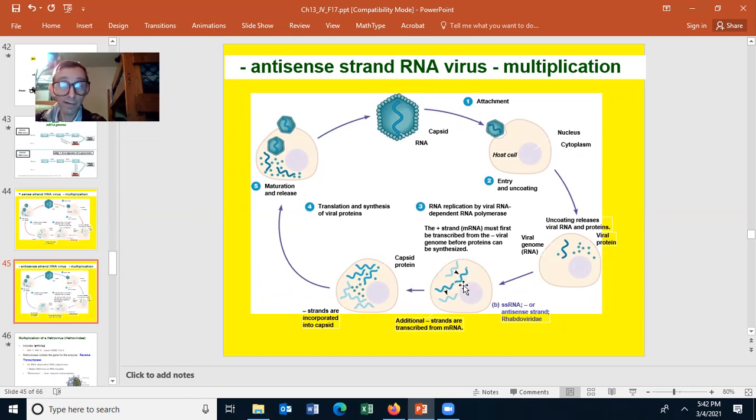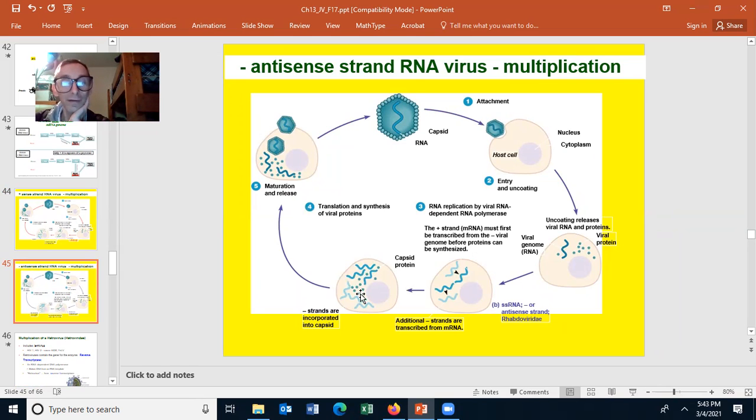And then the positive strand, corollary to the genome, is translated into the viral proteins, which we're not really seeing here, maybe on this slide. So it's the dark ones that are translated. And now the color changes. Oh well.